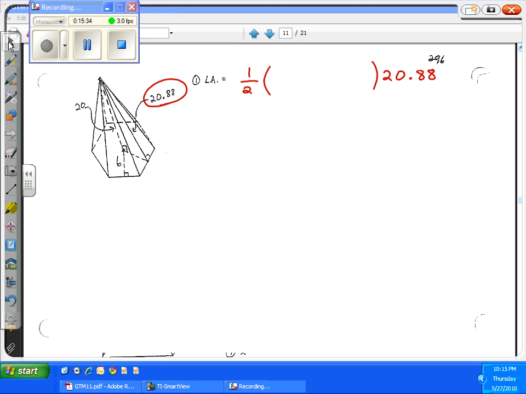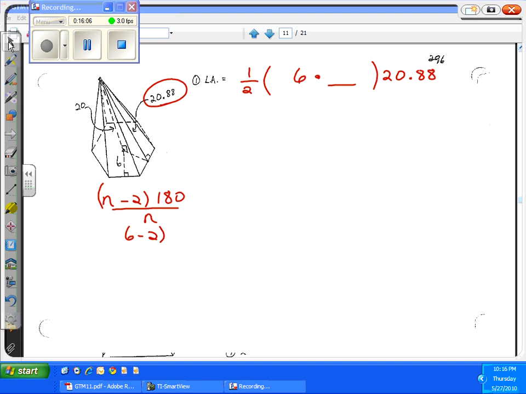So we want perimeter of bottom. The bottom is a hexagon. It's got 6 sides that are all the same. We just need a side. Now, remember to find the interior angle, you take the number of sides minus 2 times 180 degrees divided by the number of sides.